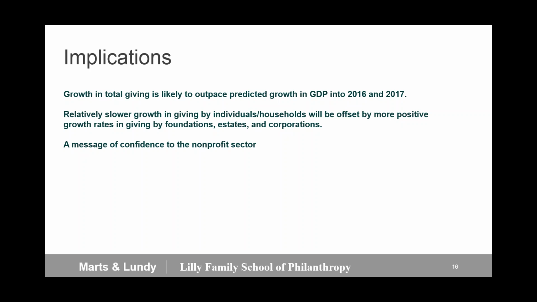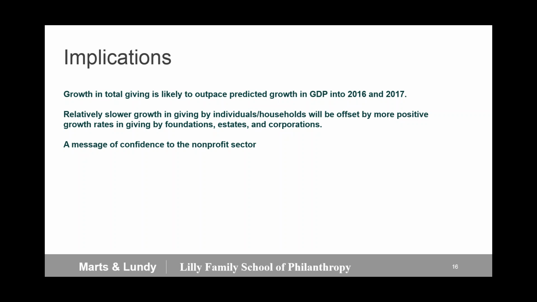There's a message here of confidence in the nonprofit sector, because the growth in total giving is likely to continue to outpace predicted growth for the U.S. In general, putting our results for 2016 and 2017 together, average annual giving is expected to increase about $13 billion between 2013 and 2017, compared with an average decline that was observed between 2008 and 2012. So the idea is new dollars coming into the nonprofit sector that will be available to charities from donors of all types and all income groups.